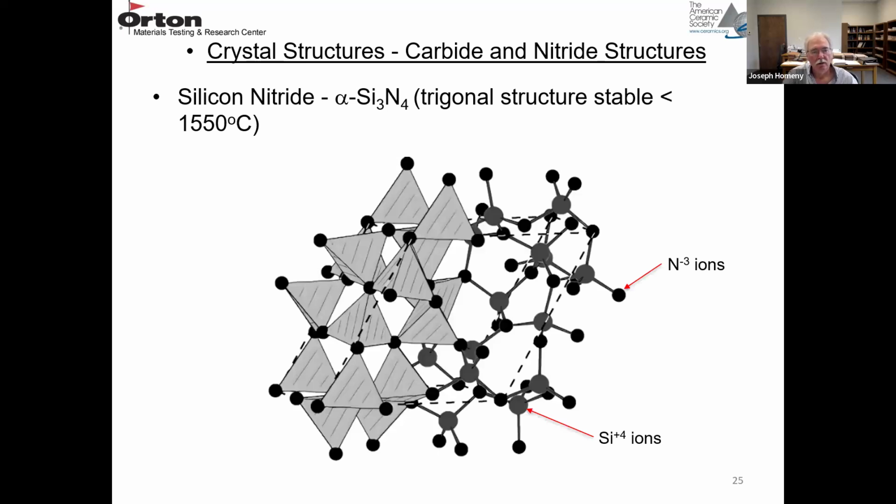Alpha silicon nitride has the trigonal crystal structure, and it's stable up to 1550 degrees C. The large black circles are the Si+4 ions, and the N-3 ions are the small black circles.